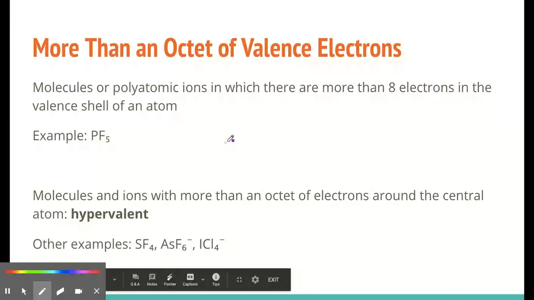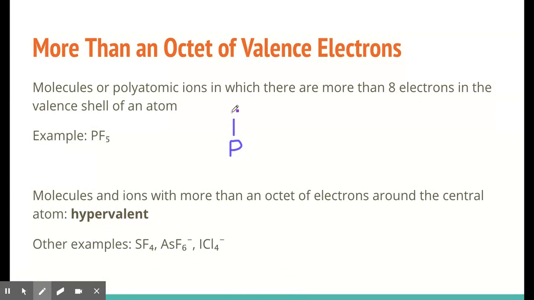PF5 would have that central phosphorus and 5 fluorines around it, like this, and then all my dots.